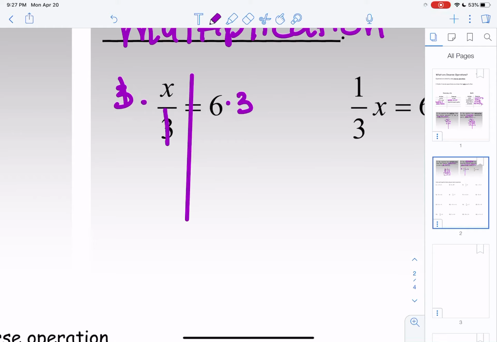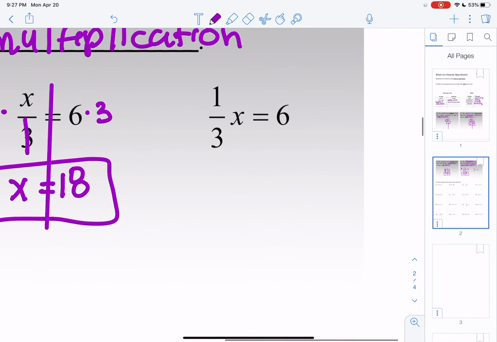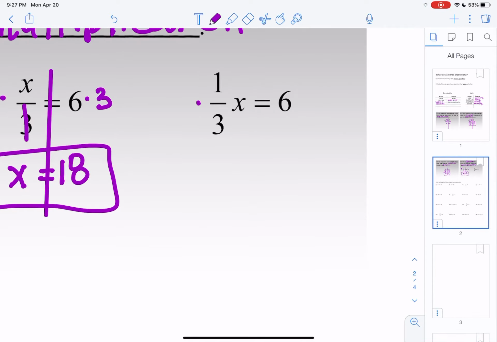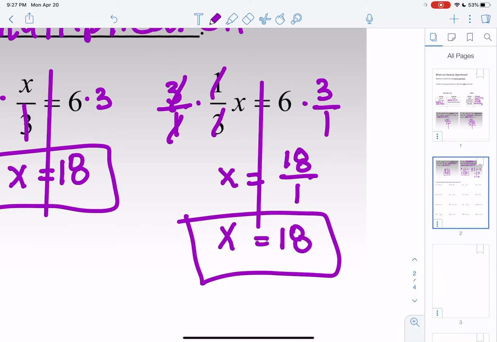This 3 and this 3 become a 1. I'm left with x equals 6 times 3 is 18. So here x equals 18. Remember, same problem. I can also multiply by what we call the reciprocal. So 3 over 1, this 3 and this 3 become 1. What I do to one side, I have to do to the other. 6 times 3 is 18 over 1, which is the same thing as just 18. So once again, x equals 18.